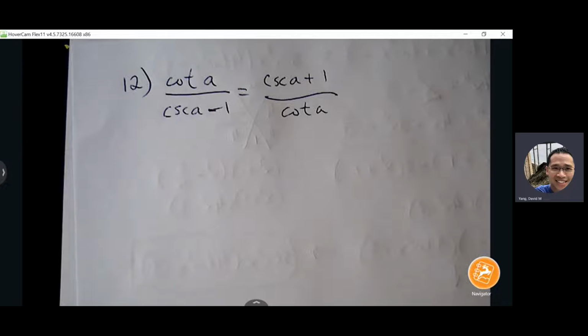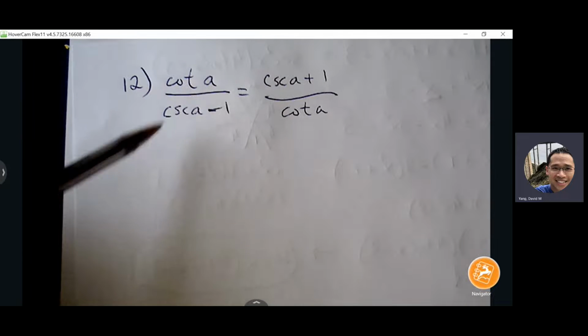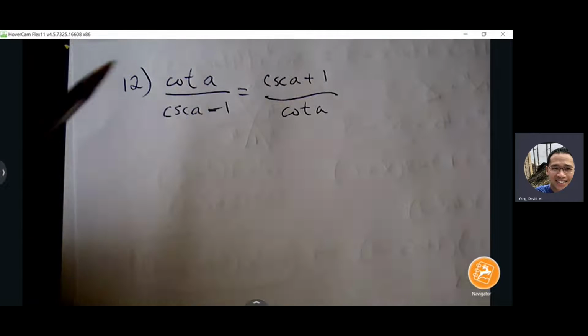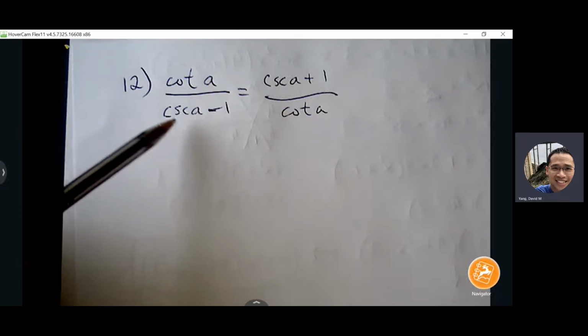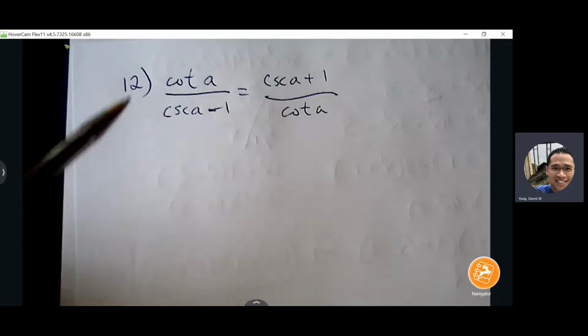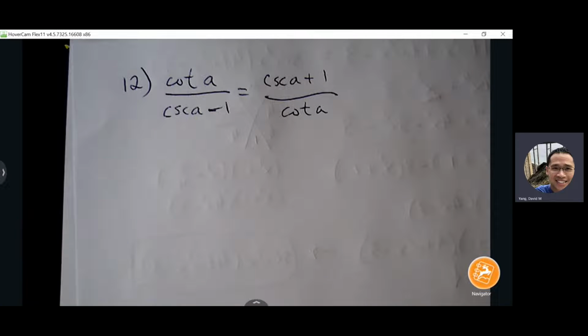If you look, we probably don't want to convert this to be in terms of sine and cosine because the right side is already in the form that's given to us. So it's already kind of simplified already. But maybe we can make something out of nothing, right? So making something out of nothing means we multiply by something to create an identity that will allow us to move forward in our problem.